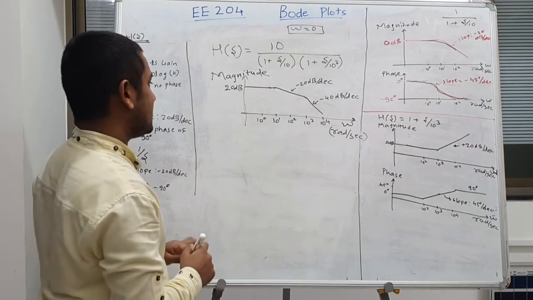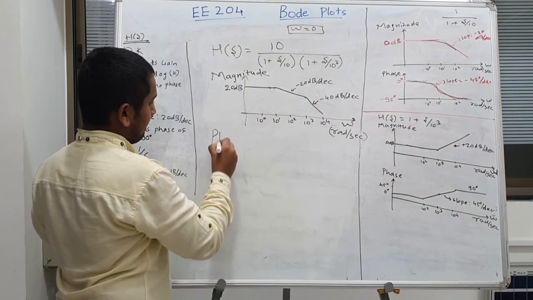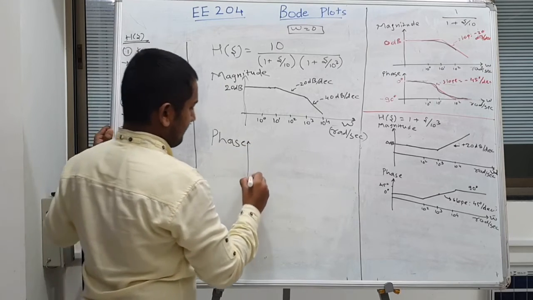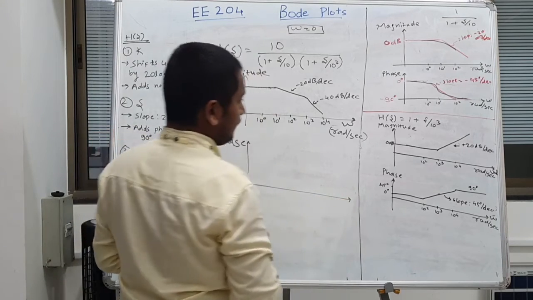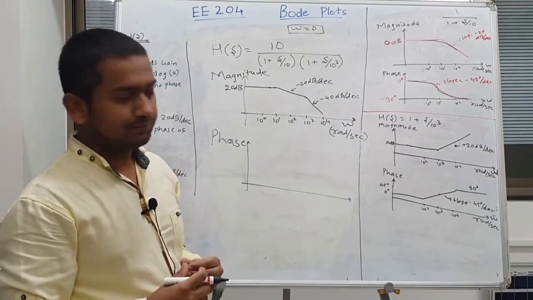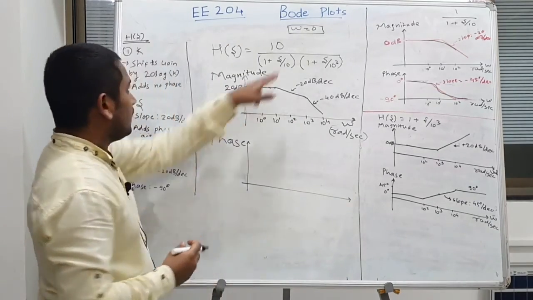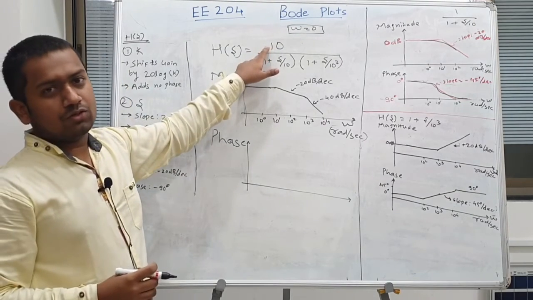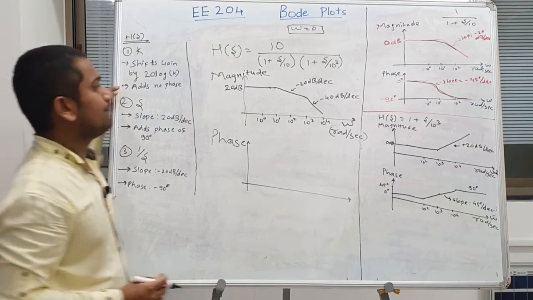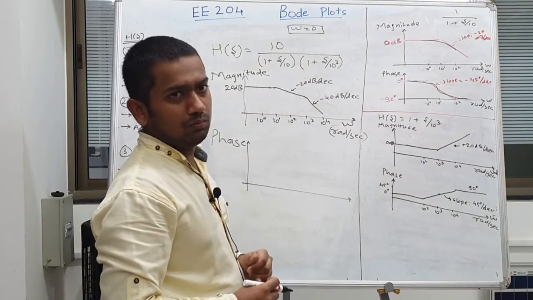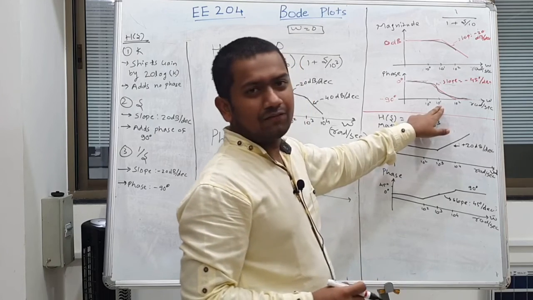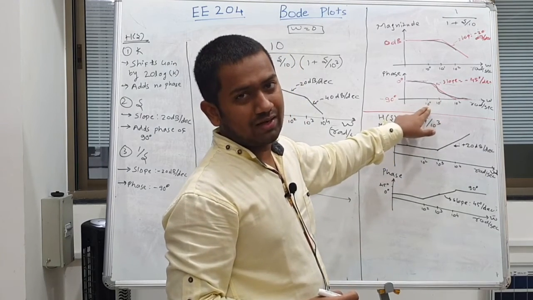Now let's look at the phase plot. We know that phases of individual terms will add together. Let's look at what happens with the constant term. The constant term adds no phase. Now, the first pole. The pole's effect will start at a frequency which is 10 times smaller than it.